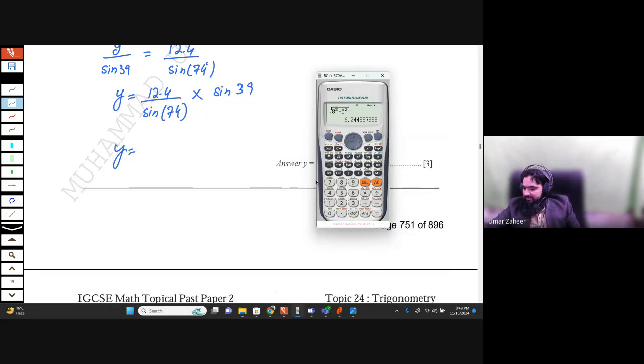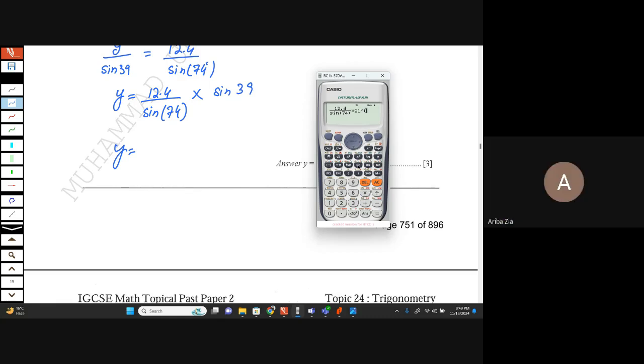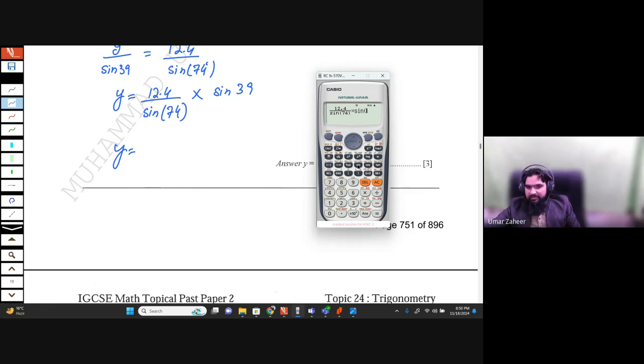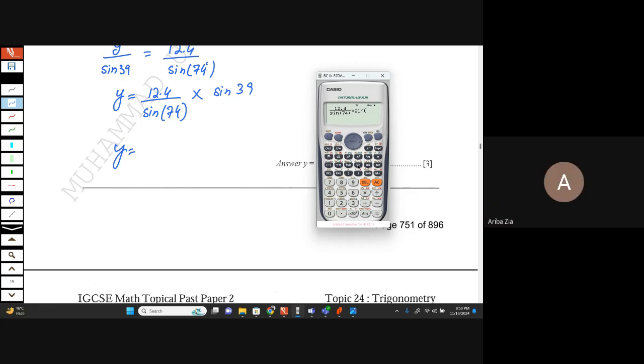Yes, everyone, please find the value. So 8.118. Say it again. 8.118.